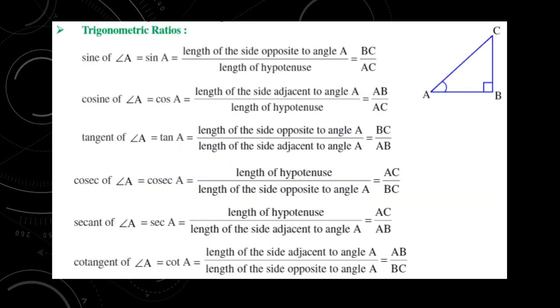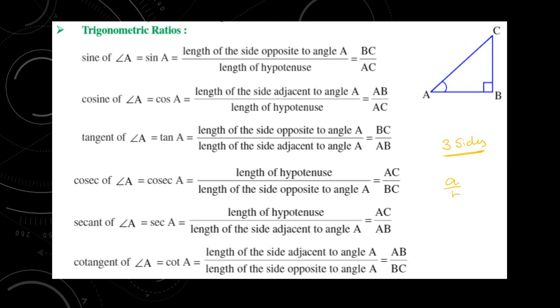Next, moving on to the trigonometric ratios. Now, what is a trigonometric ratio? Basically, in a right angle triangle, or generally in a triangle, we are going to have three sides. Using these three sides, if you want to write a ratio, how can you write it?